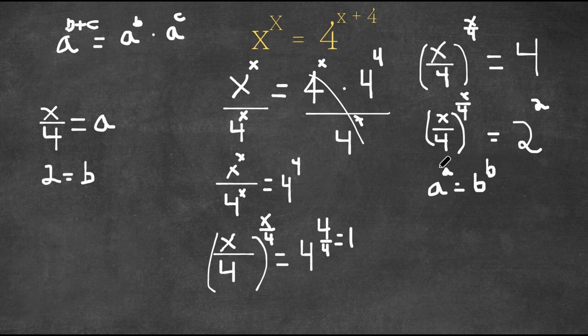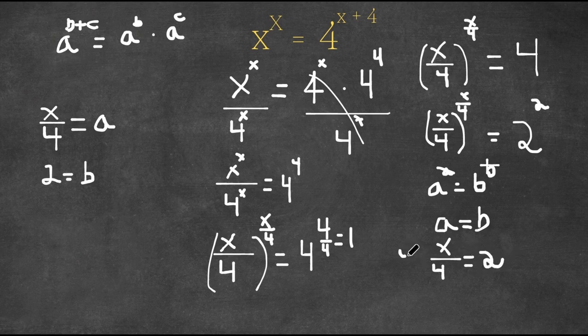And that means we can simply cancel these exponents out, and this results in a equals b. And as we know, a is x over 4, right? And b is 2. So now, as you can see, we have a simple equation.